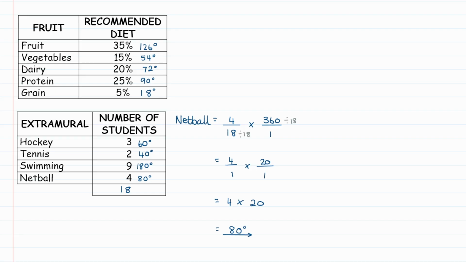Cross-cancelling and simplifying only helps us get there with smaller numbers, which makes it easier to work with. As for everything else in the pie chart, the hardest thing will be making sure that you are measuring correctly on your protractors. So make sure you know how to measure angles before you attempt to draw pie charts.